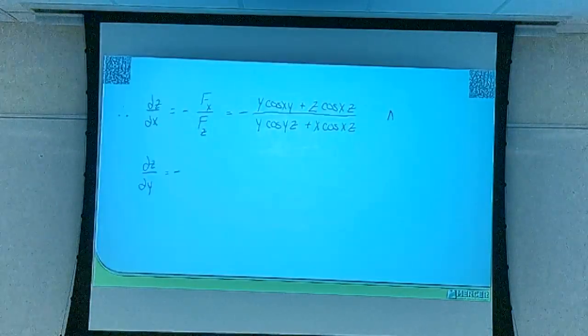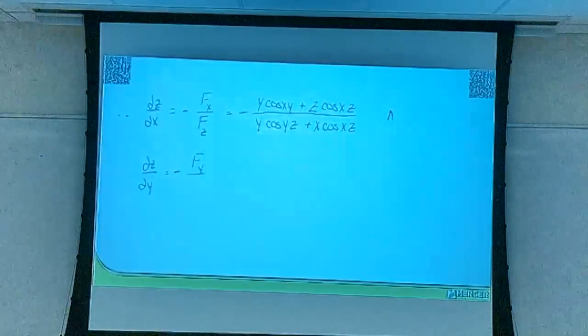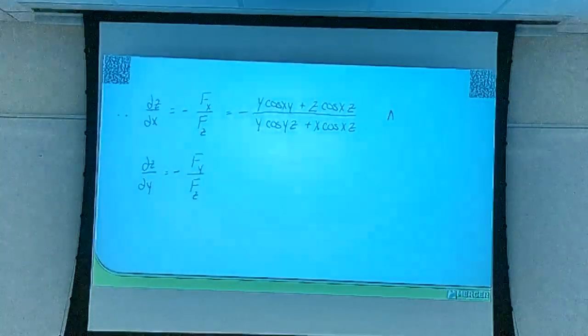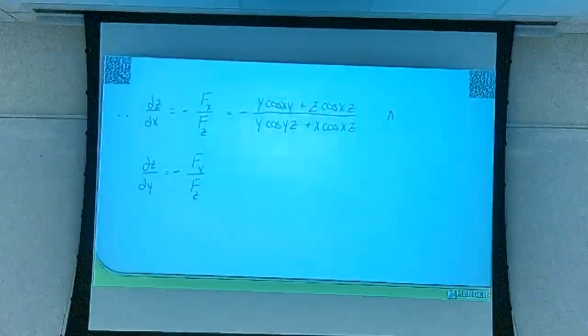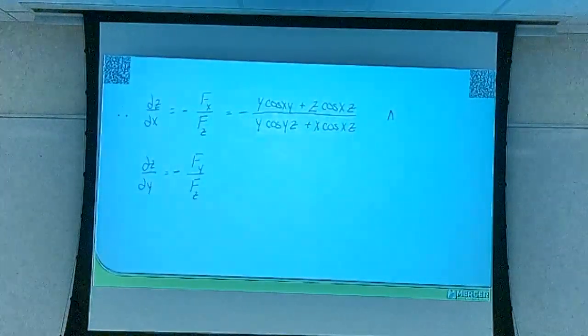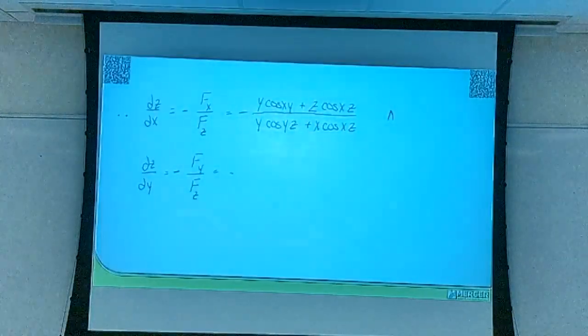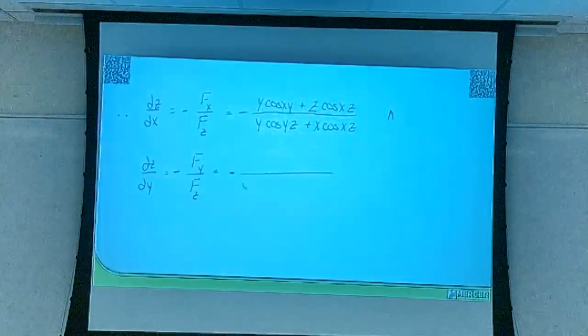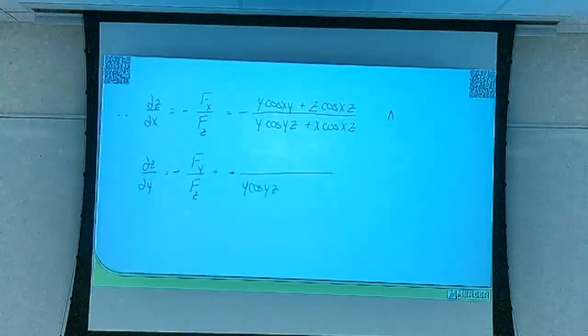And then again, by implicit, partial z, partial y is negative fy over fz. What do we say fy was?